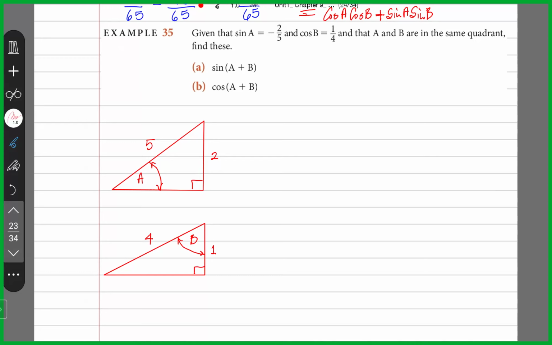Now, we're told that the sine of A, so sine is opposite over hypotenuse. So the sine of A is minus 2/5. If we use Pythagoras' theorem, the side that is adjacent to A is going to be the square root of 25 minus 4.